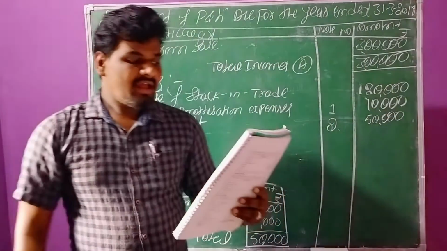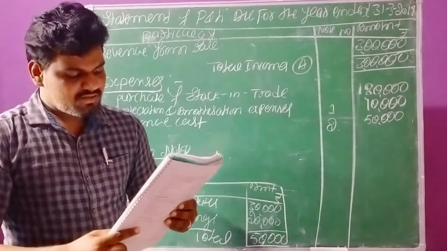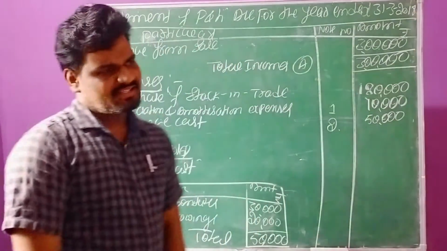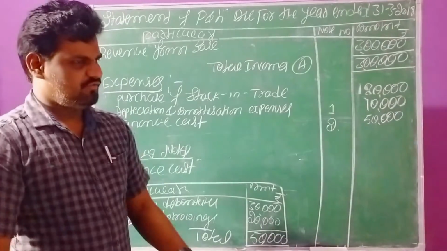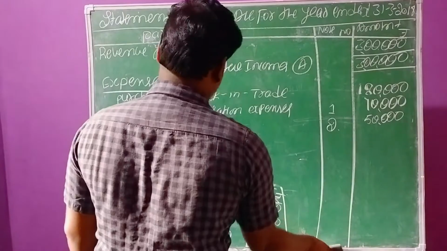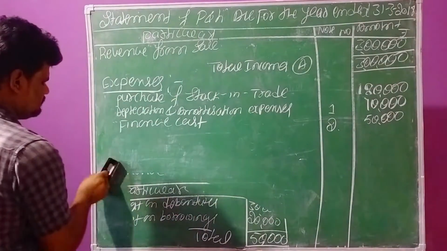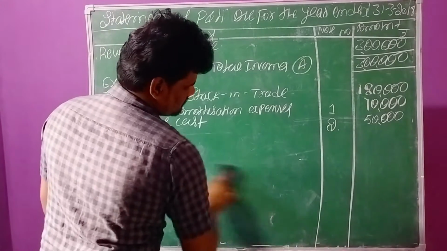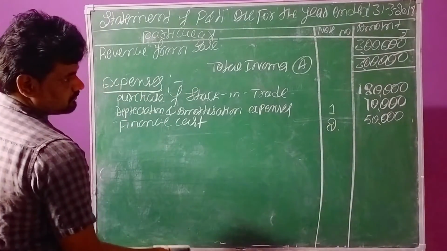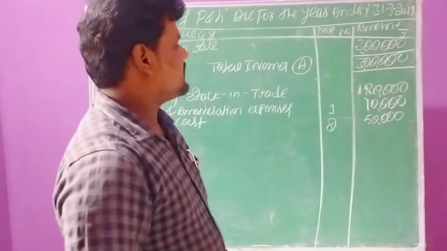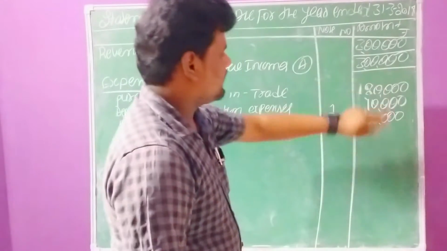So here, as per this question, I think all the transactions are completed except tax. Tax is calculated after finding profit before tax. As per the given information, we have already entered all the transactions.